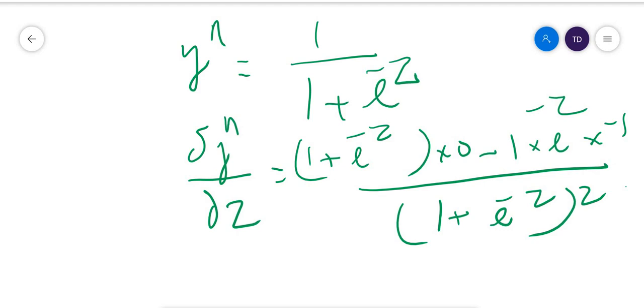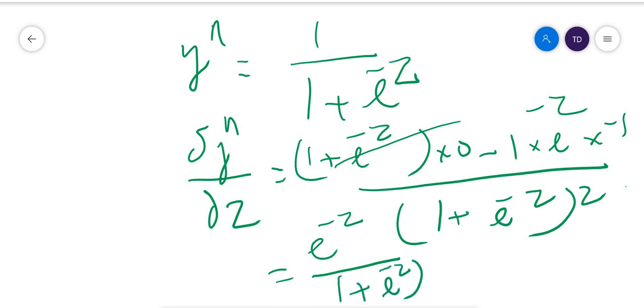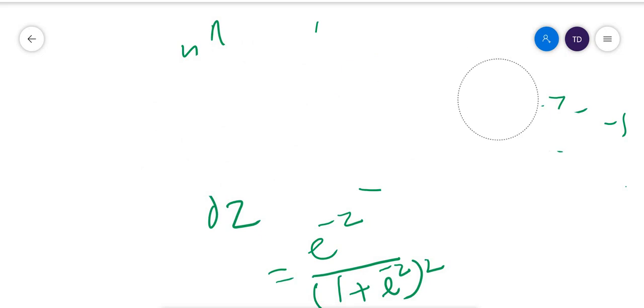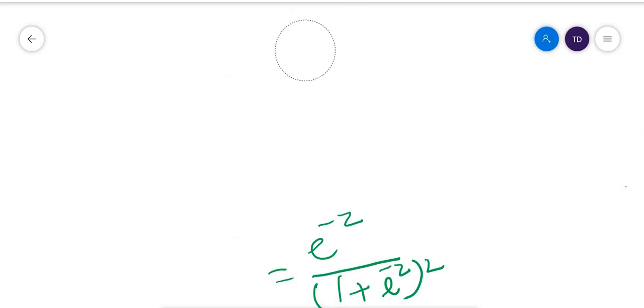So this is the rule we are applying here. You will get the answer as e raised to minus z divided by (e raised to minus z plus 1) the whole square, because this term is 0 and gone, and minus into minus is plus. Now I am going to change it.